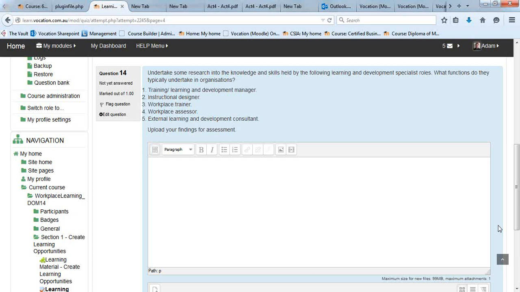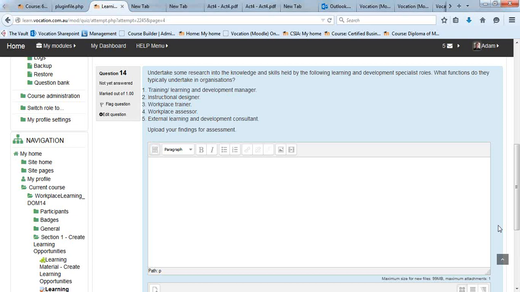We definitely encourage you to have a look at your own learning departments and have a chat, as you've mentioned, to the guys and see what they're doing there. But these are broad terms, or job roles.